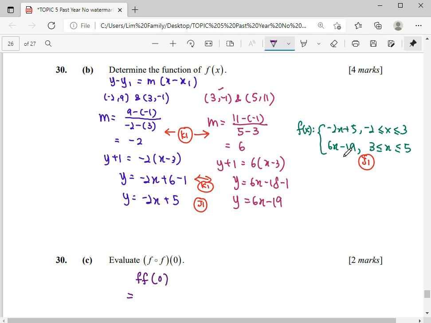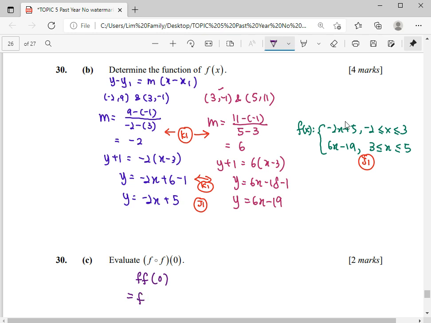So they are testing us on how we select the correct function according to the x given. You can see the x given here is 0, which is in the interval between -2 and 3. So I will select the first function.